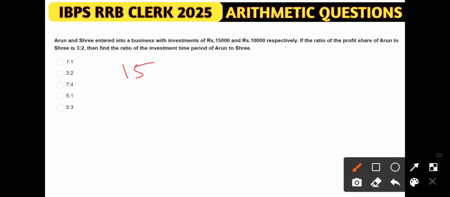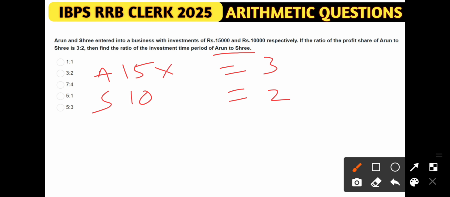Arun 15 parts and this is 10 parts. If the ratio of the profit share of Arun to Shri is 3:2, find the ratio of the investment time period of Arun to Shri. So we need to find the ratio of time period.